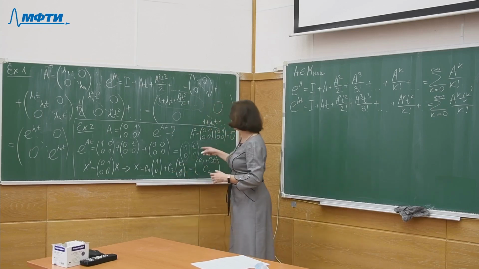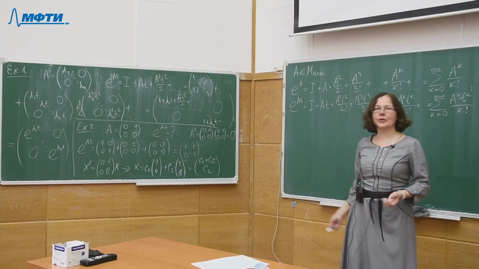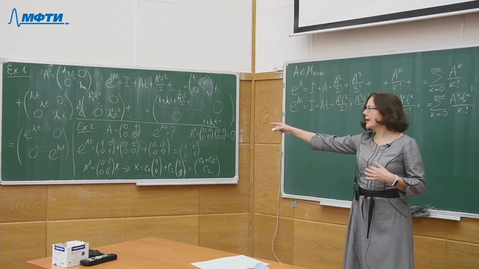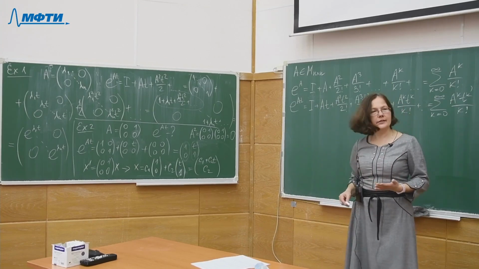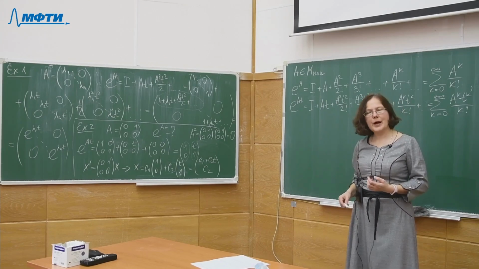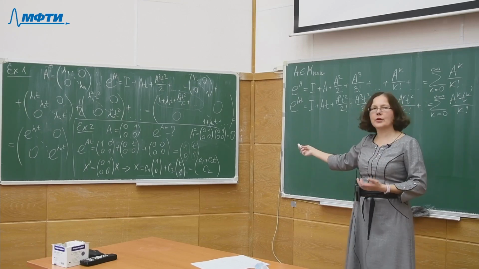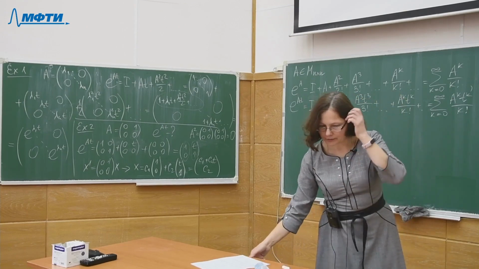And so on. And we have obtained the same formula, but now this formula is obtained using the matrix e to the power At. So this is another way to obtain the same formula for a general solution. Okay, well, now let's go further.